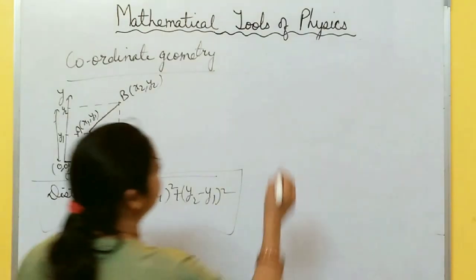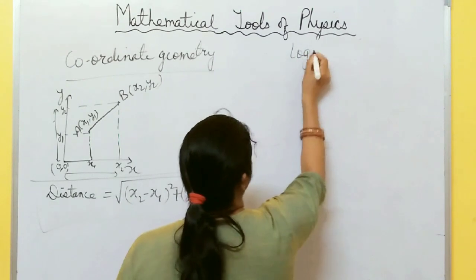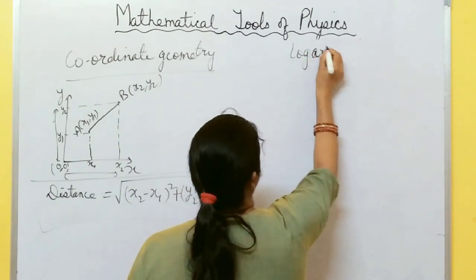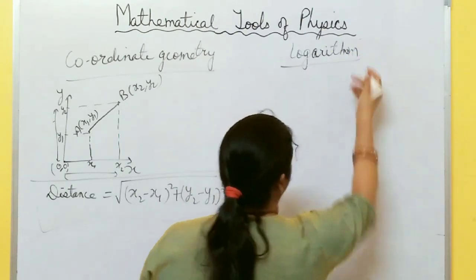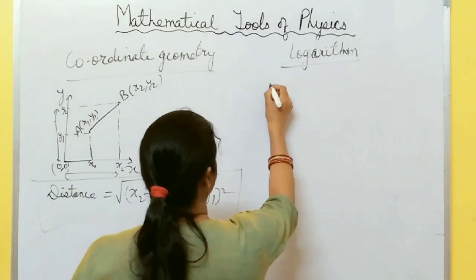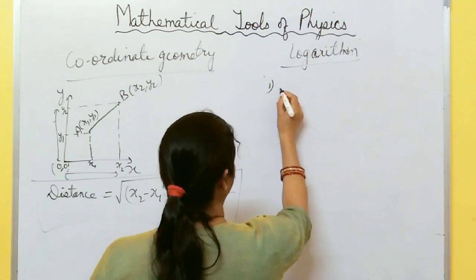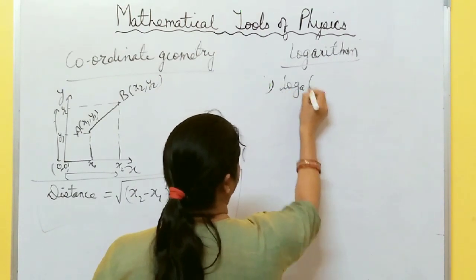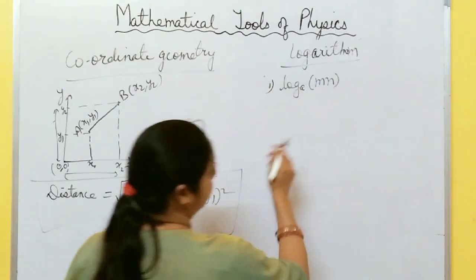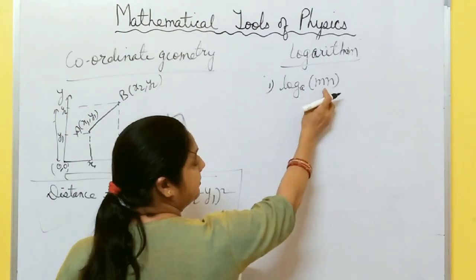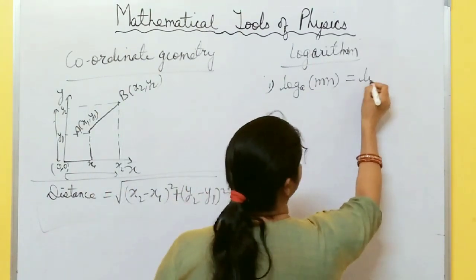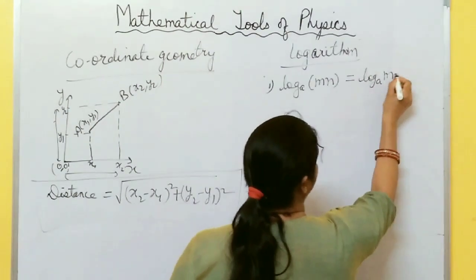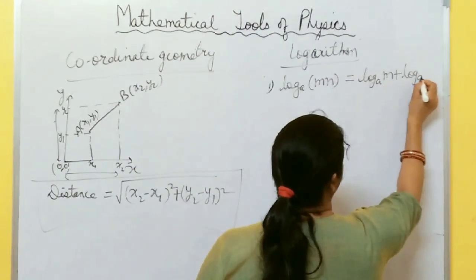So after this, logarithm. You just revise this formula. For logarithm, only 1 or 2 formulas. First one is log base A of the product m into n. If two numbers are in product, m into n, then log mn becomes log A m plus log A n.